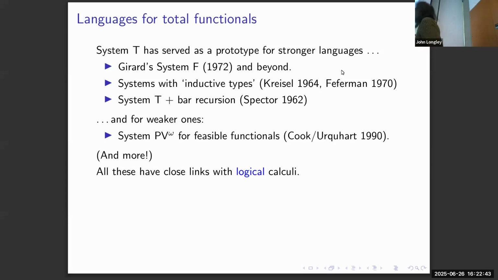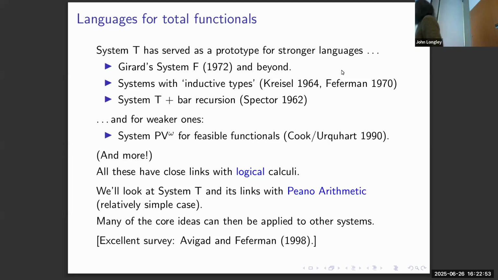All the ones I mentioned here and others also, I've presented them as computational systems, but they also have close links with logical systems, and we'll be looking at those. So we'll be looking in some detail at system T, and in the next lecture at its links with, for example, Peano arithmetic. That's a relatively simple prototype case that's worth looking at.